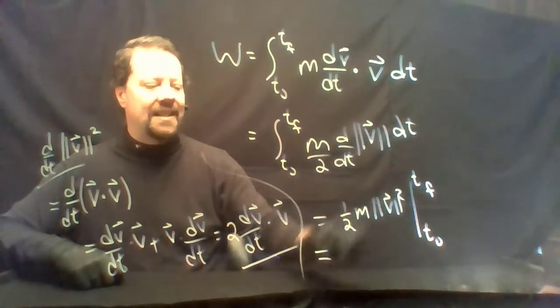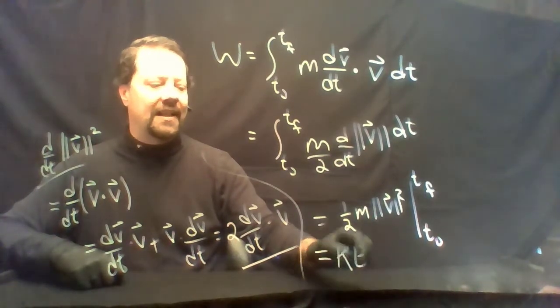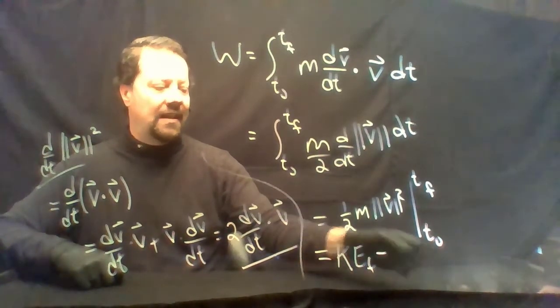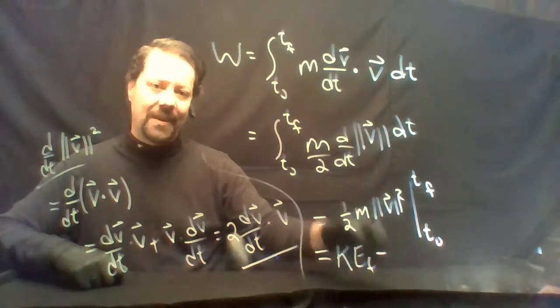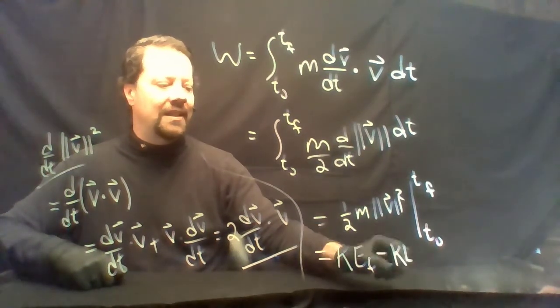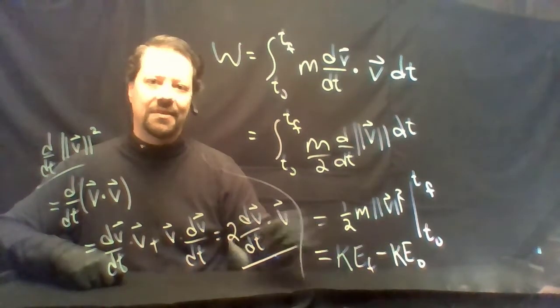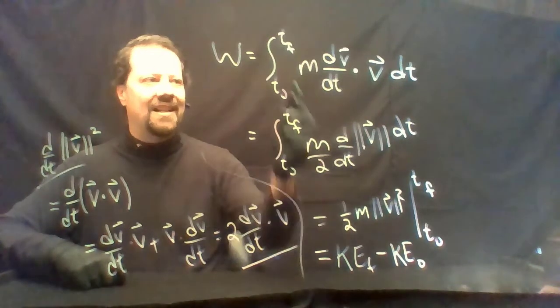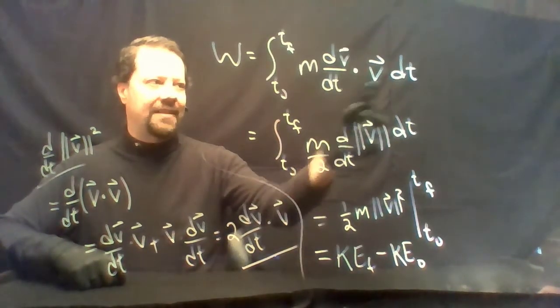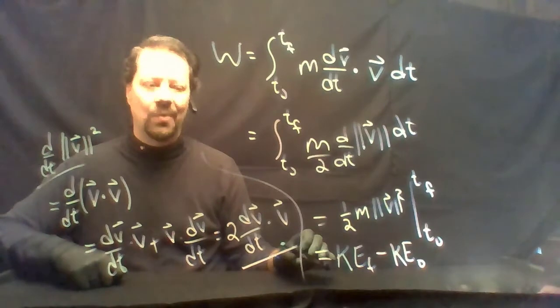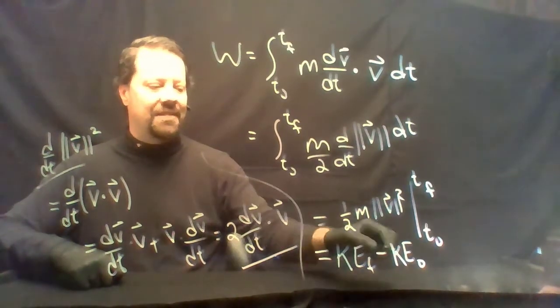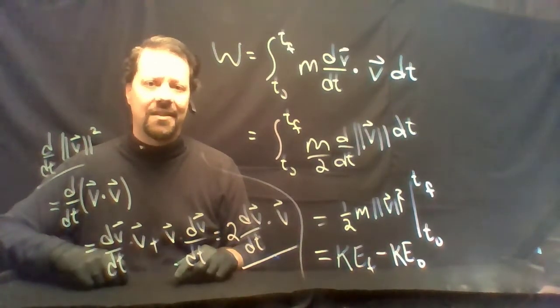When we evaluate at t final, we'll get the kinetic energy final, and when we subtract and evaluate at t0, we'll get the kinetic energy initial. So by integrating F dot dr, the work, we ended up with the difference between the final kinetic energy and the initial kinetic energy.